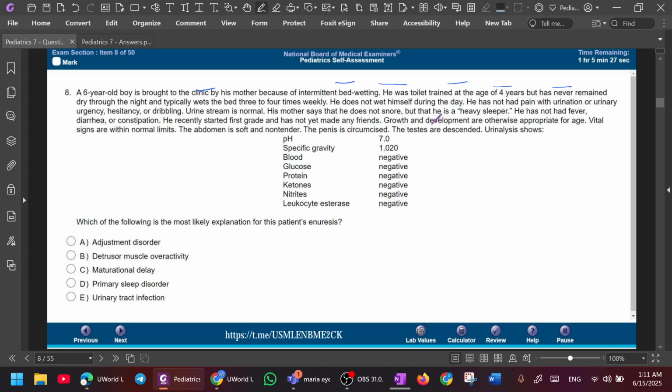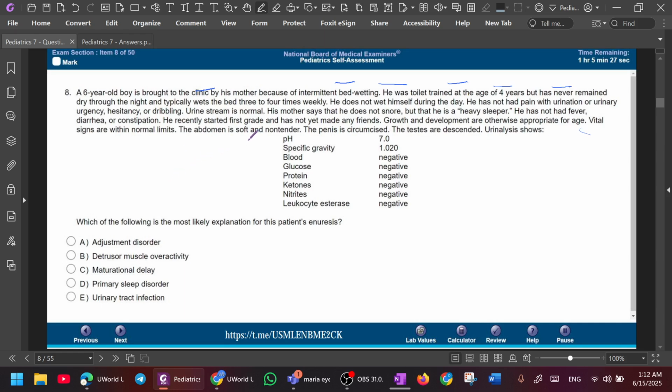His mother says that he does not snore, but he is a heavy sleeper. He has not had fever, diarrhea, or constipation. He recently started first grade and has not yet made any friends. Growth and development are otherwise appropriate for age.